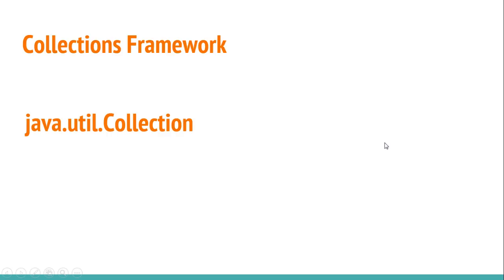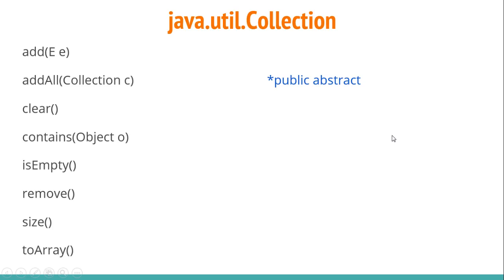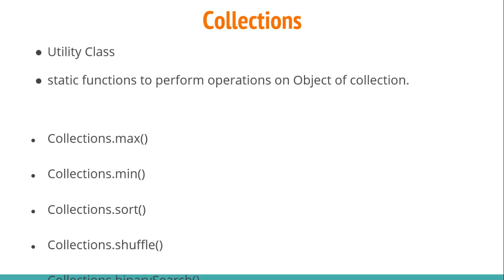Okay, so we have the collections framework, which we discussed, all the methods that are provided by the collection interface to work on different types of collections. Then we have the Collections class, which is a utility class that provides us with some methods to work with different collections.